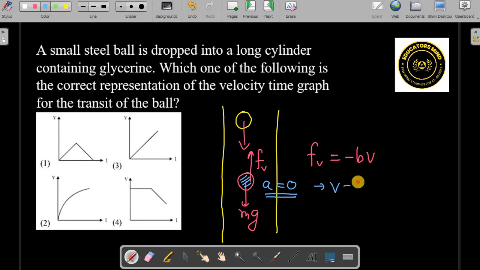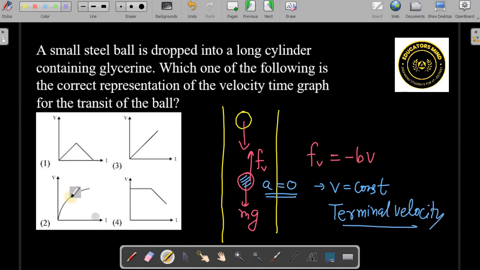Then velocity will become constant, and this velocity is also known as terminal velocity. So you will see that velocity will become constant like this. After that it is going to stay constant. So this is the correct answer, option number 2, right?